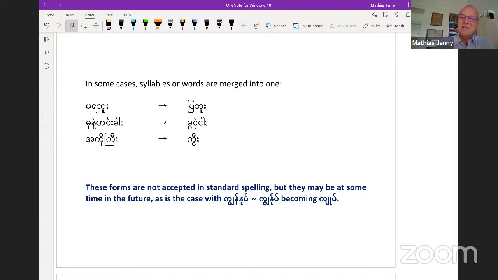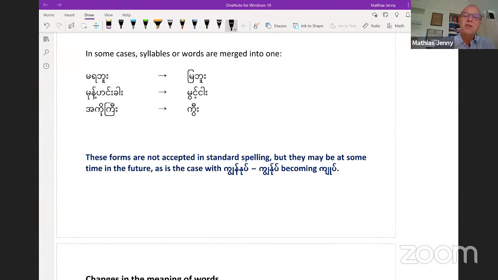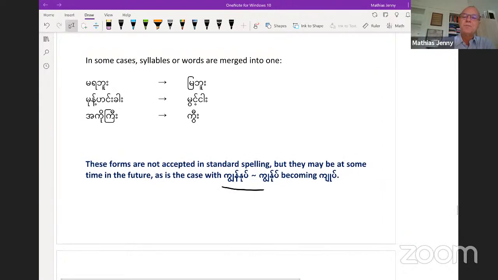In some cases, the fused forms can also become part of the standard language. So the original Jono, the small servant, becomes written as Jono, like this, and colloquially pronounced as Joe, especially in Anya.